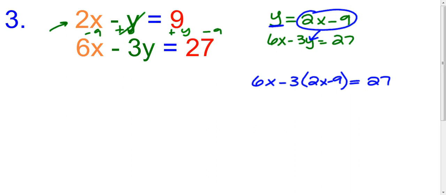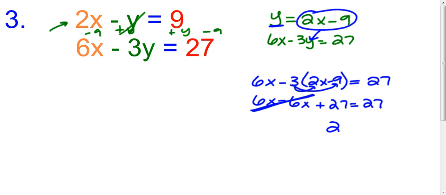Okay, I'll go ahead and distribute that negative 3 through. So negative 3 times 2x is negative 6x, and negative 3 times negative 9 is positive 27. And now you can see we have something weird happening down here. We have 6x minus 6x, which is 0 x's, and so my x's are gone. And now I have this weird thing that's 27 equals 27.